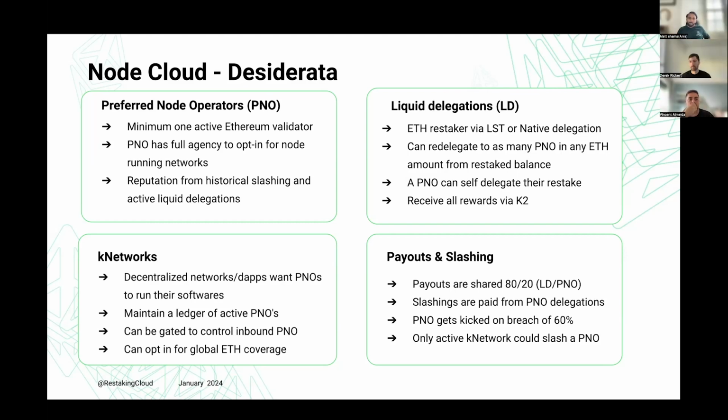I can decide what my preferences are, and perhaps I say, okay, Derek is based in Africa, so for the geographical decentralization of a network, I'm going to liquid delegate to Derek, right? Because I don't want another AWS node in Frankfurt configured. So I can make that kind of informed decision.